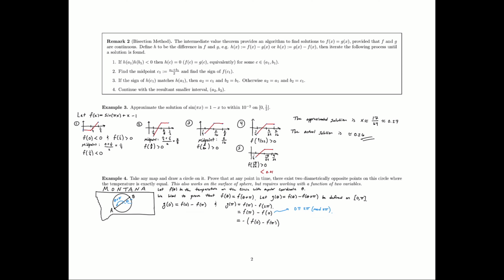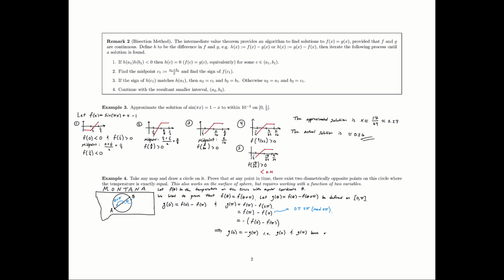So what we can see here now is that this expression in front of the negative sign is the same as our expression over here of g of 0. So this implies that g of 0 is just equal to negative g of pi, which is a way of saying that, in other words, g of 0 and g of pi have opposite signs.